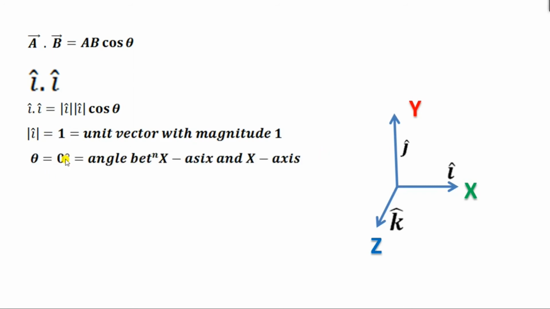Here theta is 0 degree because the angle between x-axis and x-axis is 0 degree, because we are finding the angle between I and I, and I has one direction, that is towards the positive x-axis. So I put the value 1 into cos 0 degree, cos 0 is 1, so I dot I is 1.